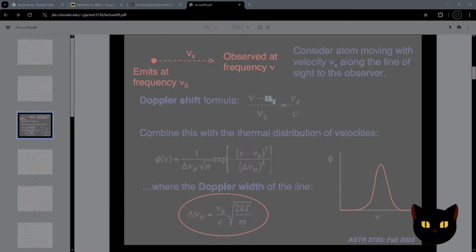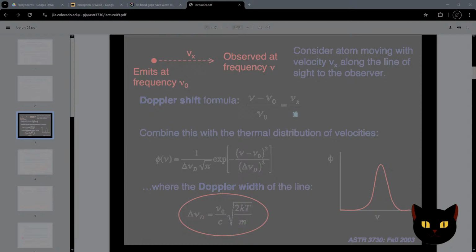So in this case, the V0 is going to be the speed of light, I think, because we're talking about the speed of the photon, right?